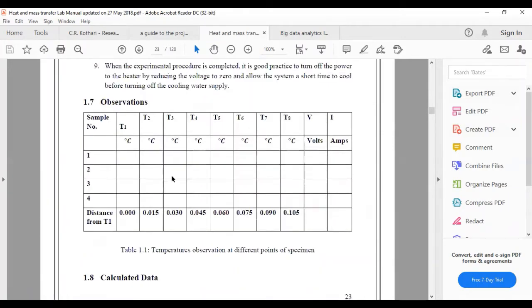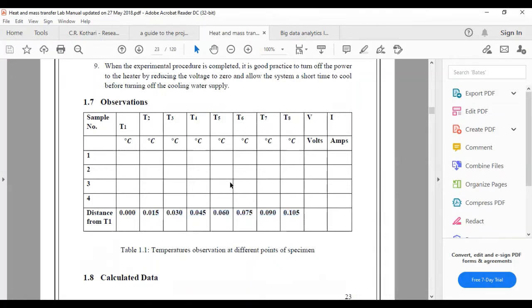So this is the table. You can see one column for voltage, then current, and corresponding to these voltages and currents, there are the values of temperatures T1, T2, T3. We will leave out T4 and T5, and there will be readings of T6, T7, and T8. On the lower row, there are the distances of all these temperature sensors from T1.